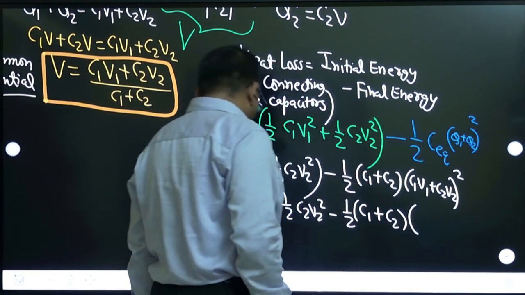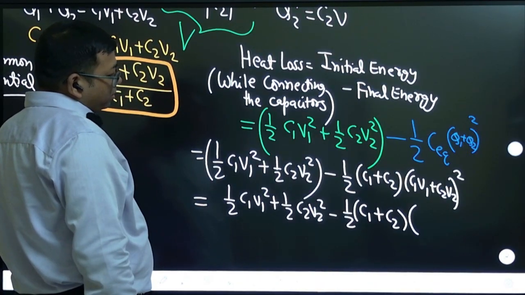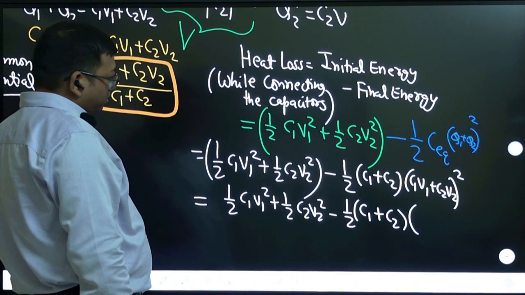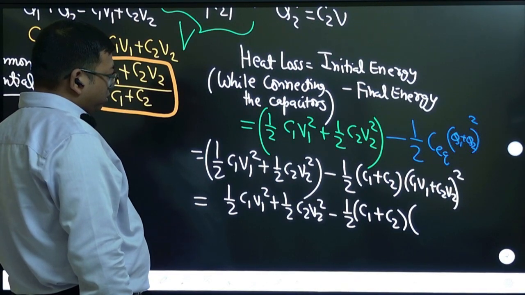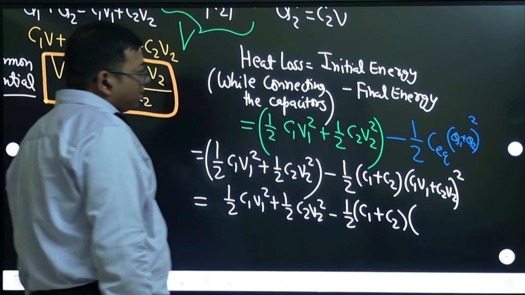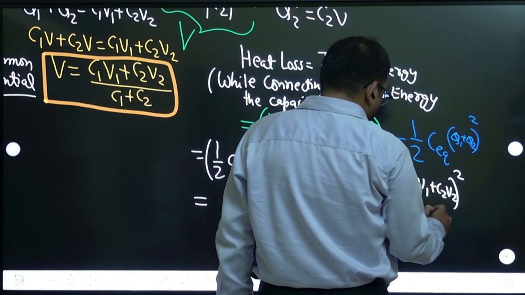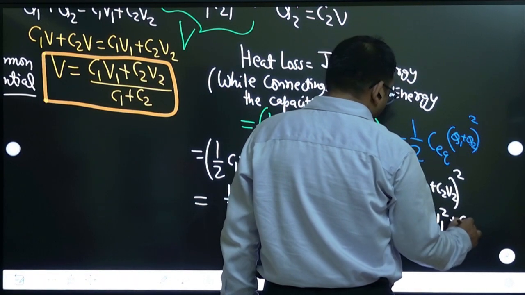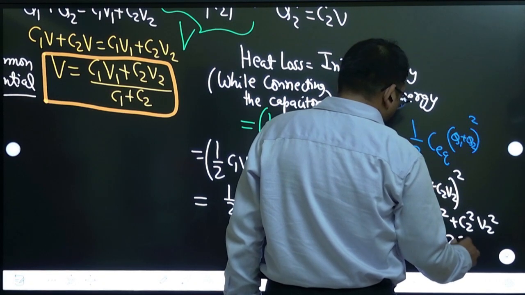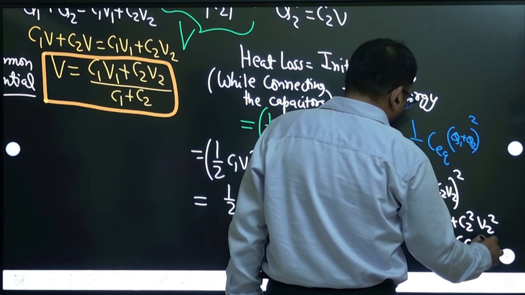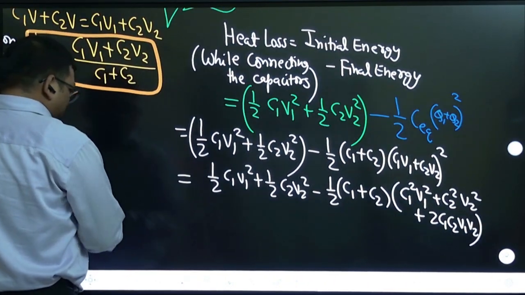Or one shortcut can be to divide by C1 and C2 both, right? Some simplification can happen. Okay, you open this: C1 square V1 square plus C2 square V2 square plus 2 C1 C2 V1 V2. Right? Open this and simplify.